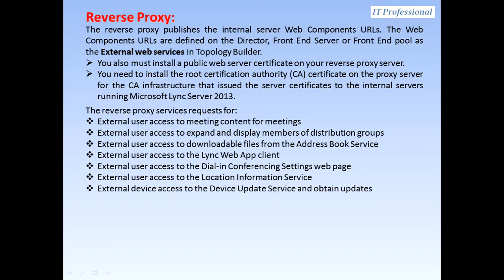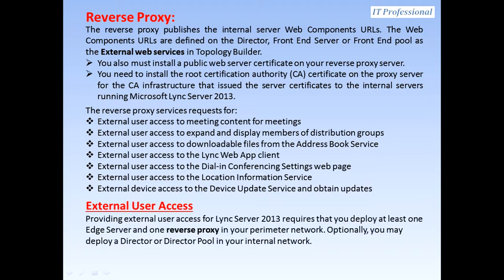The reverse proxy services requests for external user access to meeting content for meetings, external user access to expand and display members of distribution groups, external user access to downloadable files from the address book service, external user access to the Lync web app client, external user access to the dial-in conference settings web page, external user access to the location information service, and lastly, external device access to the device update service to obtain updates.